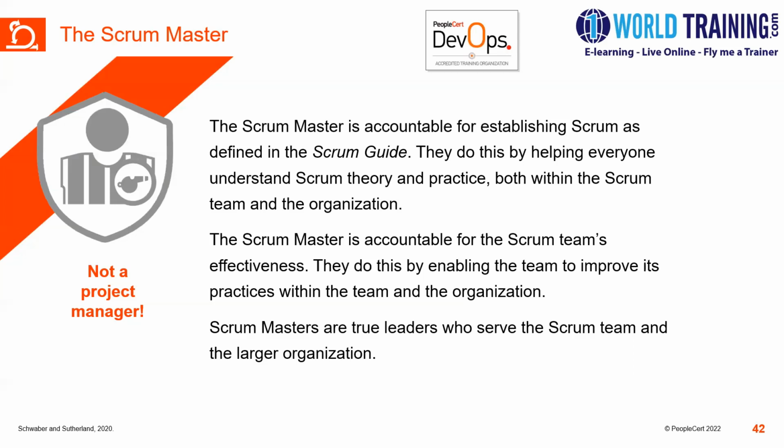There may be multiple Scrum Masters in the organization, and they are the true leaders who aim at serving the Scrum team and the organization at large. So Scrum Masters hold the responsibility of serving the team and serving the organization.